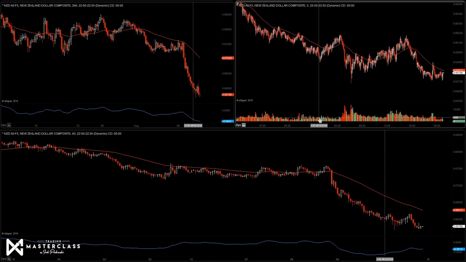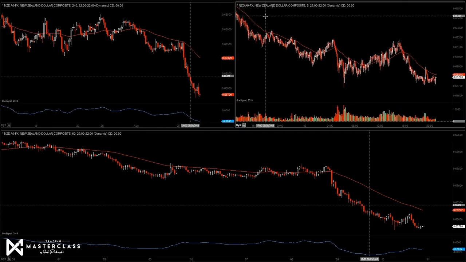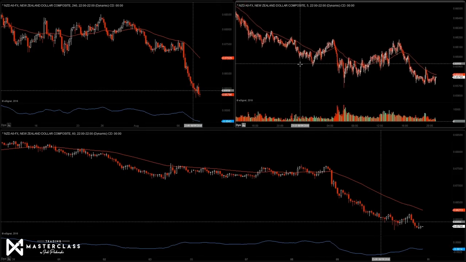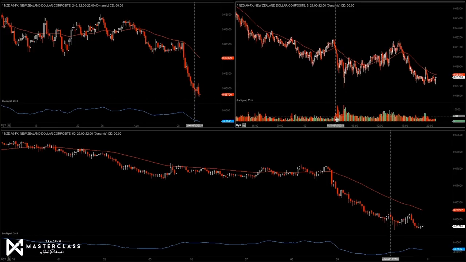If you're trading a pair such as the Kiwi, so New Zealand dollar, this is a New Zealand dollar pair. So if you're trading a pair like this, the volume for this pair will most often spike at the beginning of the Asian session. During the New York session, during the European session, it might be a little bit slower.